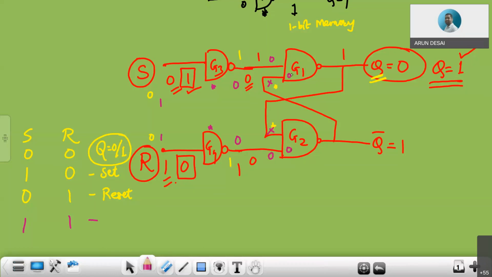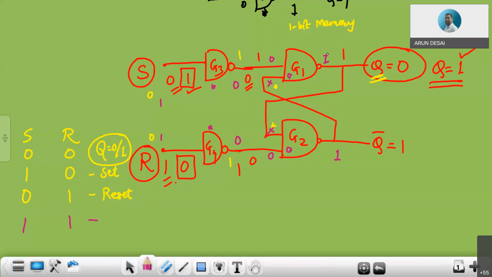If both the NAND gates are 0, here again the inverter tries to make it 1. Right? 0 is here, it tries to become 1, which is not possible. Why is it not possible?